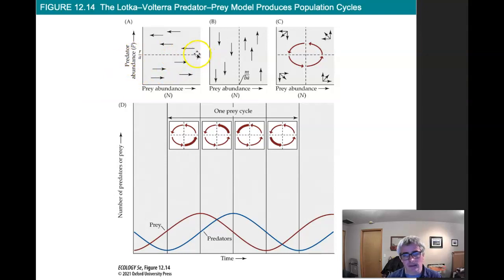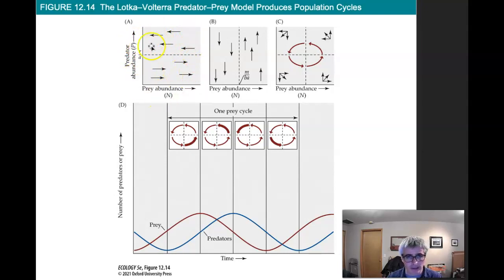So you can think of this as the equilibrium line. Again, they call it the isocline. Here there's zero change in prey population size. So with this many predators, there's no change in prey population size. If we have fewer than R divided by A predators, prey abundance increases. And if we have more predators than R divided by A, then we have a decrease in prey.